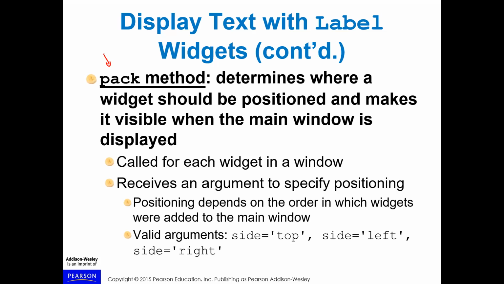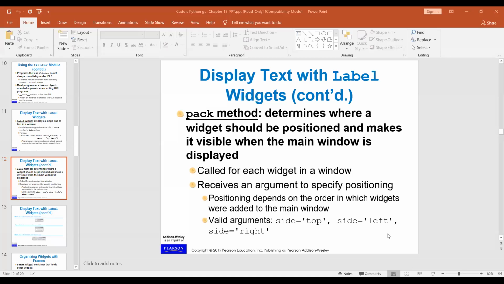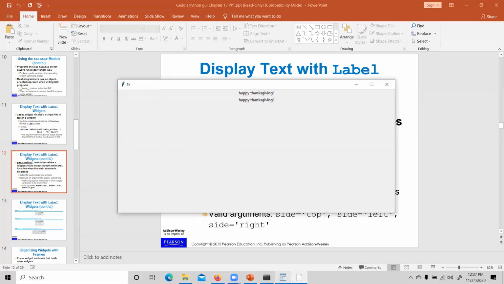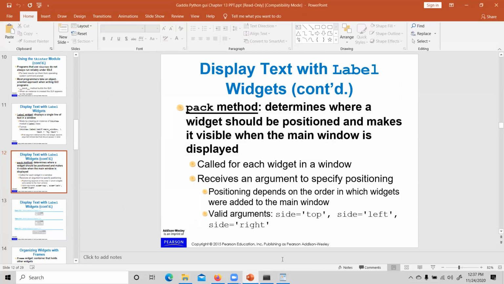So for instance, we can try some of these out. Right, so we can go and do side, let's say side right. I'm going to close this. You should be seeing the script.